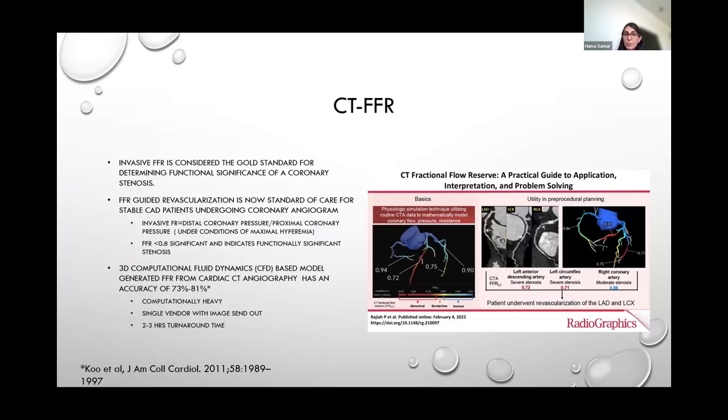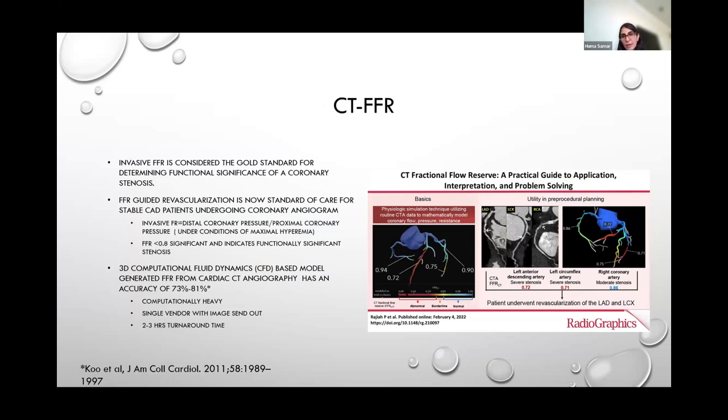Another exciting development has been the ability to do CT-FFR. Now, FFR is an invasive metric, and it's the gold standard for determining if a coronary stenosis is really functionally significant. And this is done in the cath lab with a pressure wire across the lesion to measure the coronary pressure proximal and distal to the stenosis.